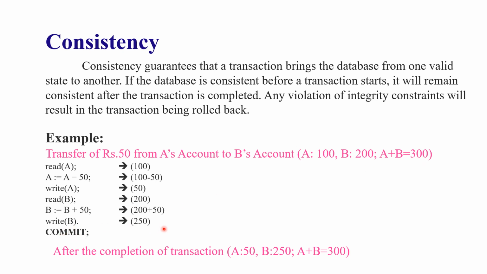After the commit command is executed, the new value of A is 50 and of B is 250, totaling 300. So the data is the same before and after the transaction, and it is maintained in a consistent state.